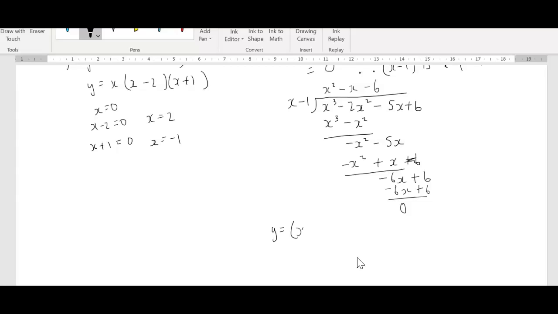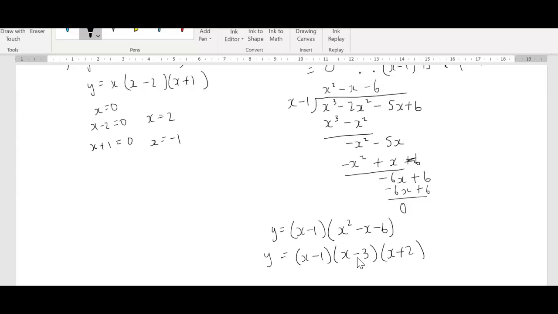So x minus 1, x squared minus x minus 6. Now we need to factorize this x squared minus x minus 6, which isn't too difficult to do. Two numbers when multiplied give you -6, and when added give you -1. So we're going to have x minus 3, x plus 2.